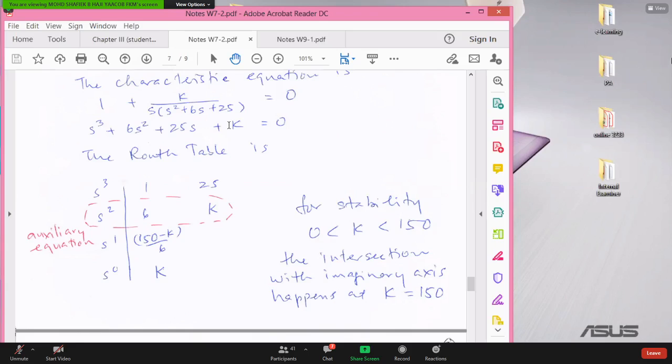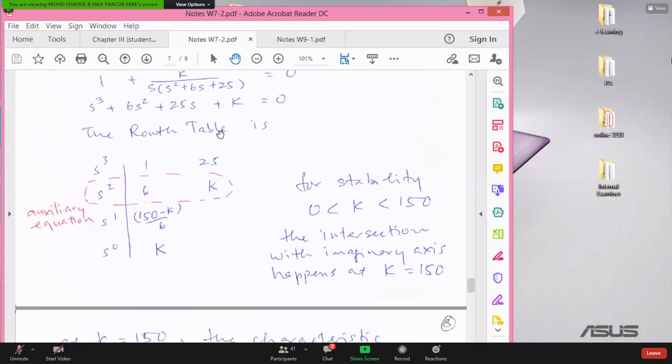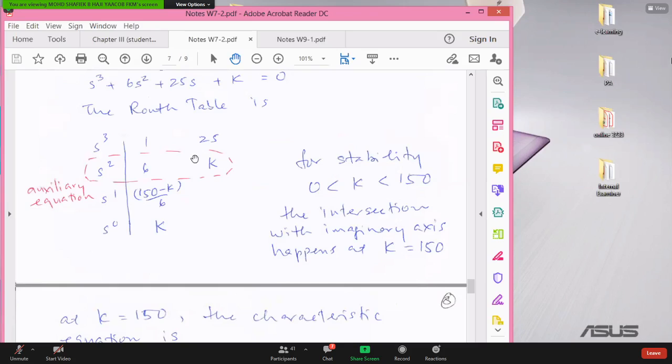That's one way. That's what we have done before. Once we find the value of k that will make the system marginally stable, substitute that k back into the characteristic equation and solve for the roots, and then we get the intersection with the imaginary axis. But today we are going to use the auxiliary equation. The equation just above, where the value of k makes the system marginally stable, which is the element in the first column equals 0.